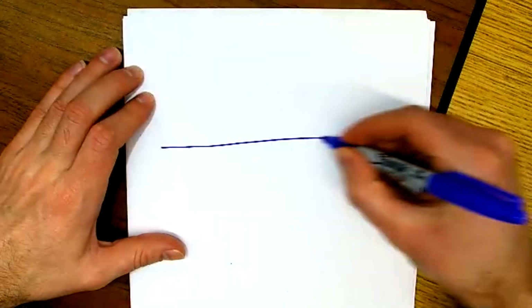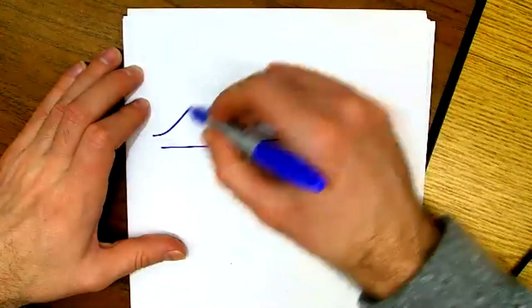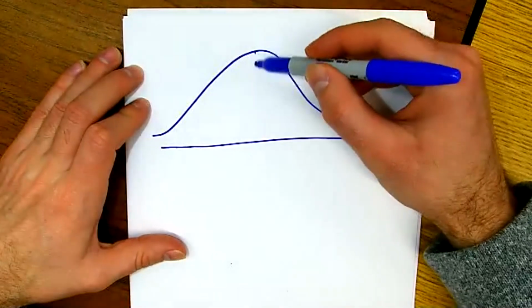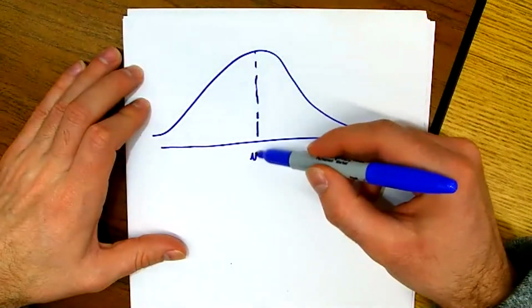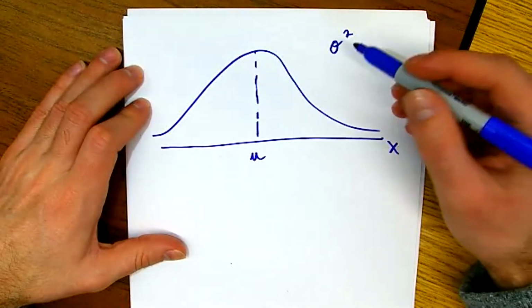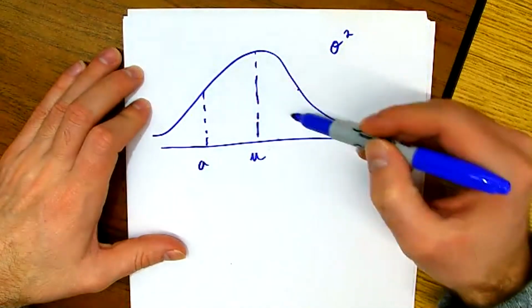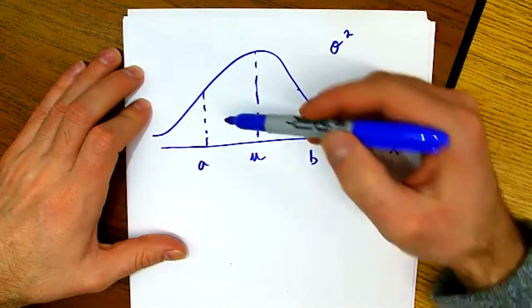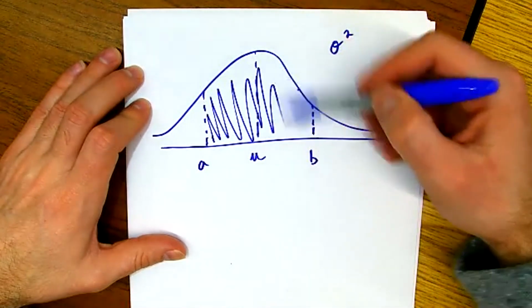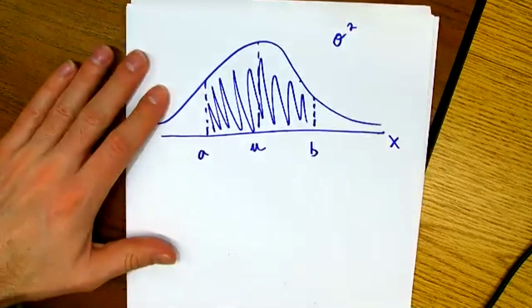So what I'm thinking about is I have this random continuous variable x. It's got some mean, has some variance, and I want to know what's the probability it's in between a and b. All right, so that's what I'm looking for.